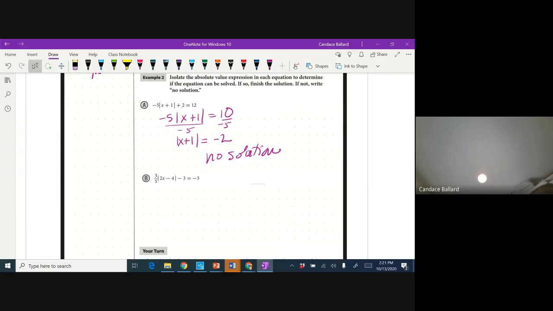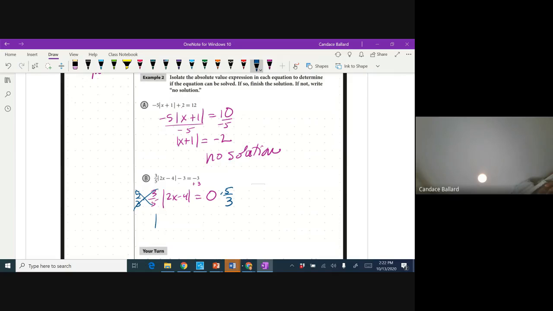So I am going to isolate the absolute value by adding 3 to the other side, which means I've got 3/5 absolute value of 2x minus 4 equals 0. I'm not going to stop there, okay? Just because it equals 0 doesn't mean I stop. I'm going to get rid of the 3/5 to the other side by multiplying by the reciprocal.